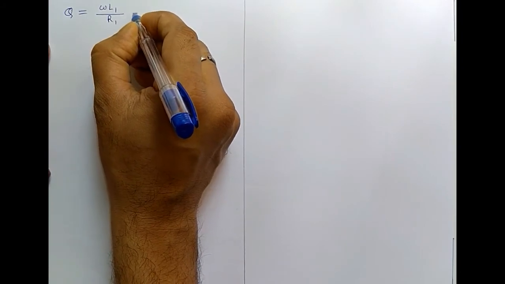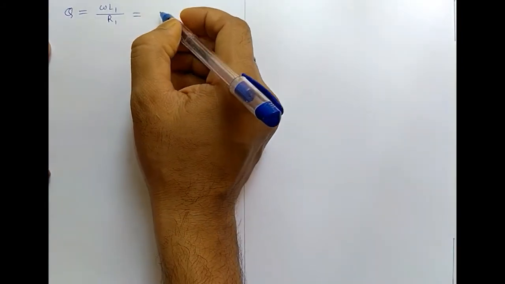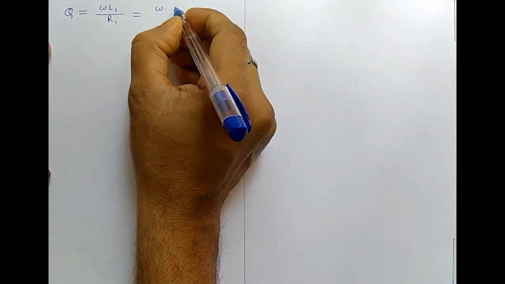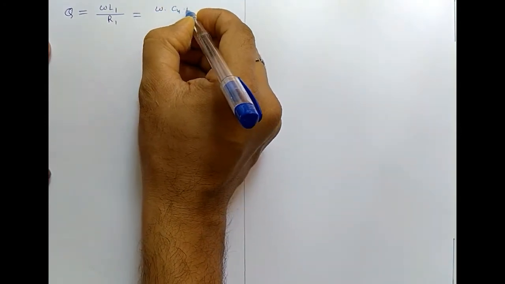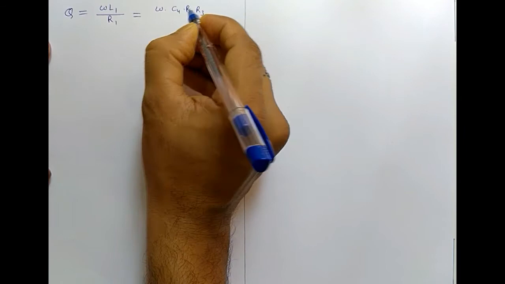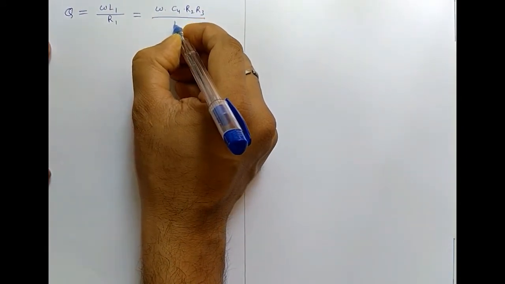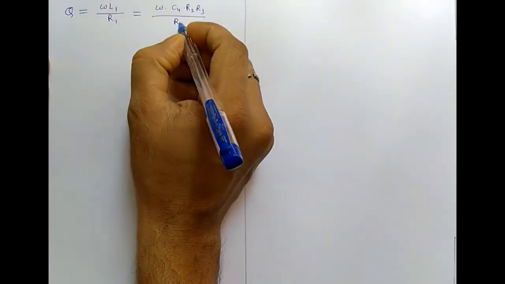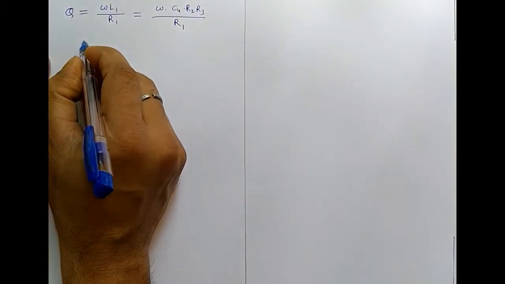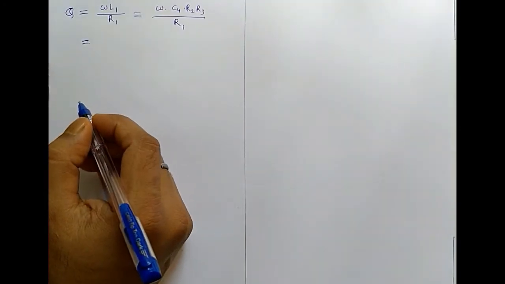So let us calculate the quality factor. We know that omega L1 is C4 into R2 into R3 divided by R1, and also we know that R1 is R2 R3 divided by R4.